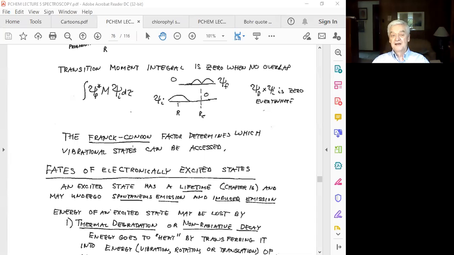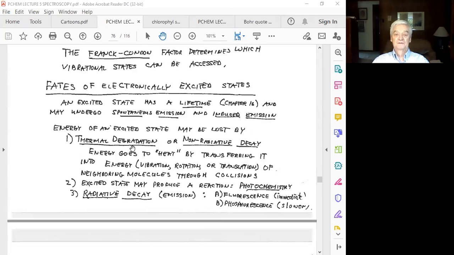Okay, the next topic is what happens to an electronic excited state once you form it. We've taken an electron from a lower bonding molecular orbital, shot it up by shining light on it, presumably, so it goes into an anti-bonding orbital. Once it's up there, that excited state is going to have a lifetime. It's not chapter 16 anymore, but you can read about that.